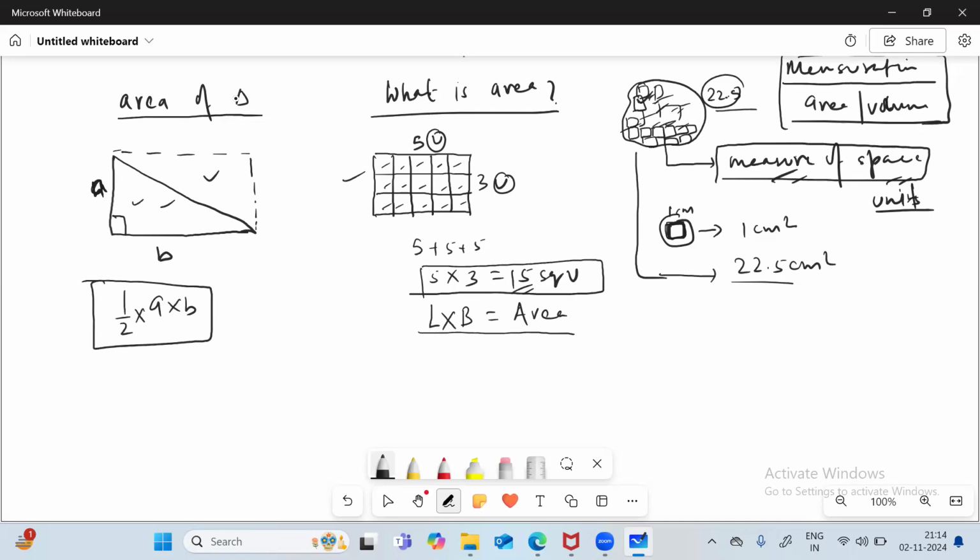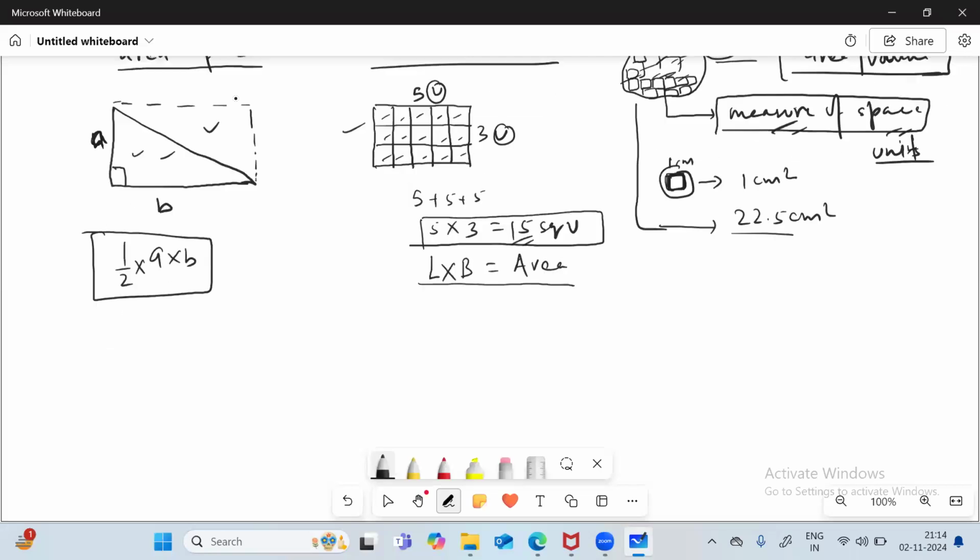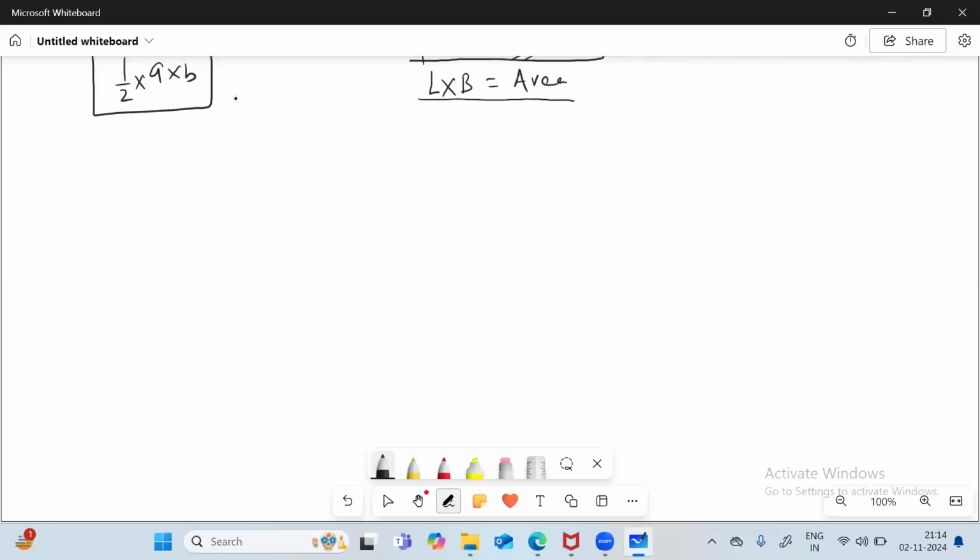That is, half into the multiplication of the perpendicular sides. And if there is a triangle which is not perpendicular, like this, then we'll write two things: one, any side as the base, and a perpendicular from the opposite vertex to that side, which will be called the height.